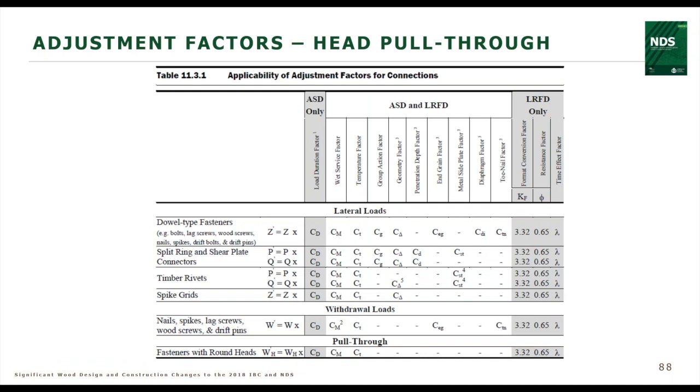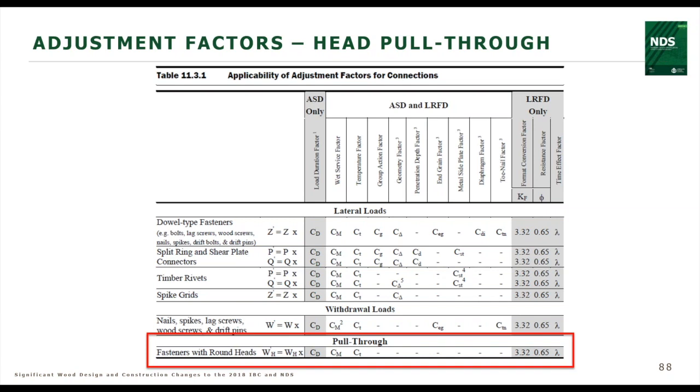So the first thing you'll notice when you go into table 11.3.1, which is our adjustment factors for connections table, our kind of summary table, is that there's a new limit state, and we've talked about this previously a little bit, and it's this fasteners with round head or fastener head pull-through.